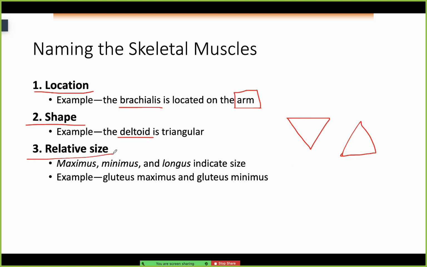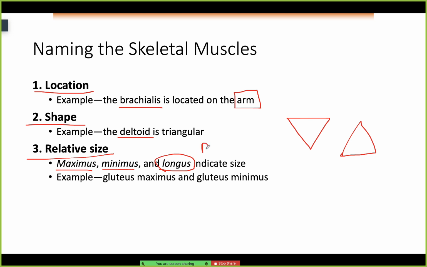The size of the muscle is also a big one. For example, there's smaller muscles called minimus, larger muscles called maximus. Great example of these two is the gluteus maximus and the gluteus minimus. They're both found in the gluteal region, but the sizes of the muscles vary. Then we have muscles called longus, which are long muscles. We compare those to shorter muscles we call brevis.